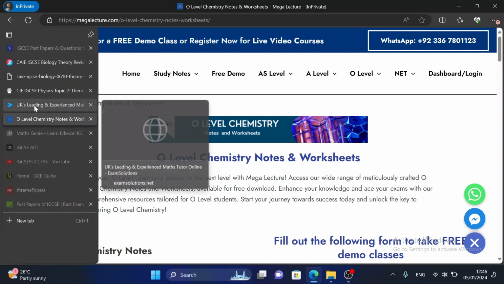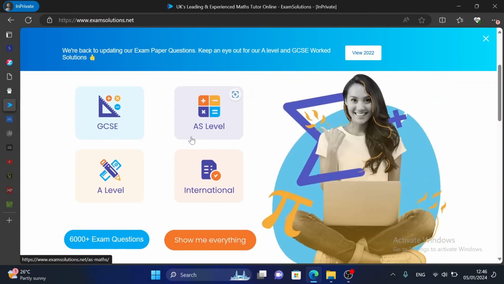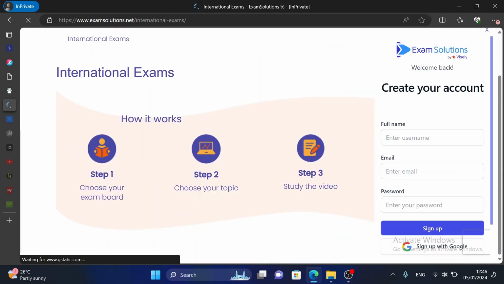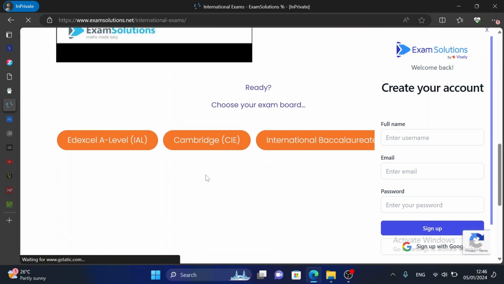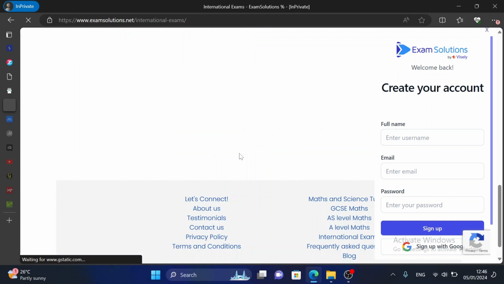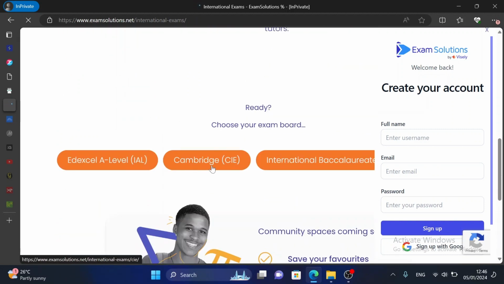Then now we have exam solutions. If you struggle in math, they got you covered. So you have GCSE, you have AS level, you have A level. If it's for the IGCSE, you have to go to international. Then choose whatever you got. It's still loading. Okay.